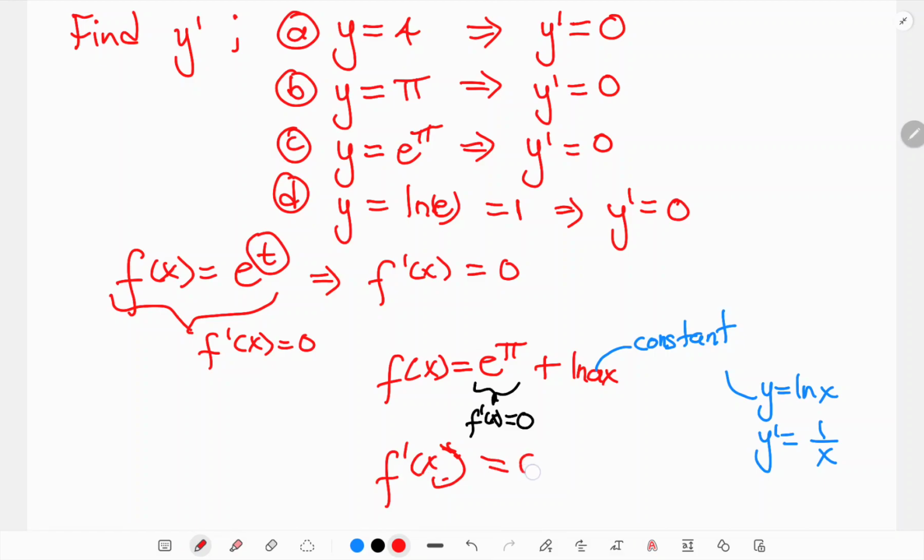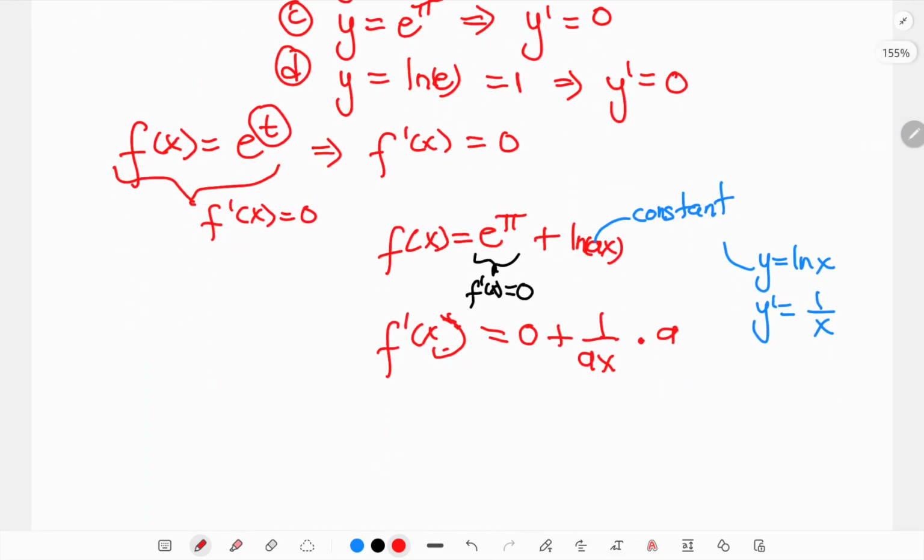We're going to have 0 plus 1 over ax multiplied by the derivative of the inside. What is our inside? It's ax, and the derivative of ax is just a. So f prime of x equals 0 plus a over ax, the a cancels, and this is just 1 over x.